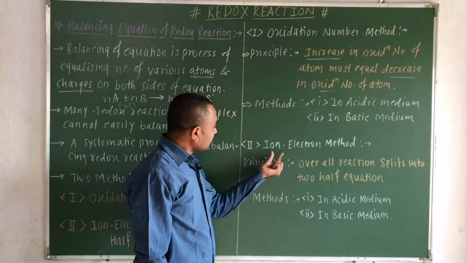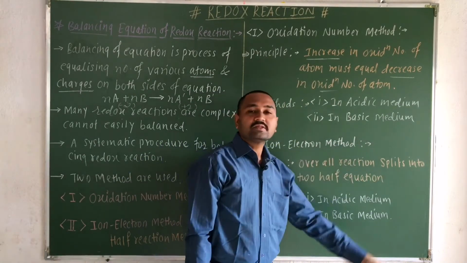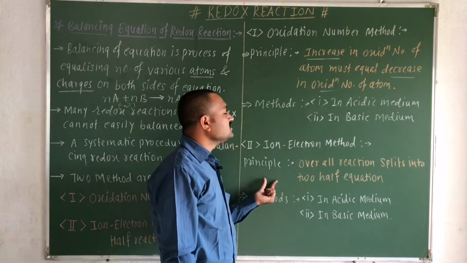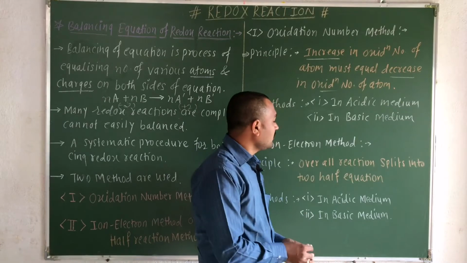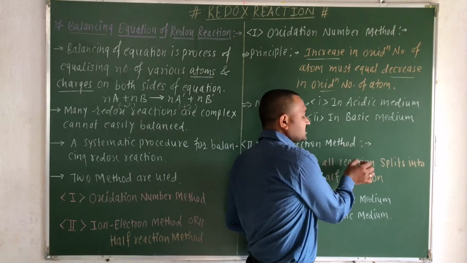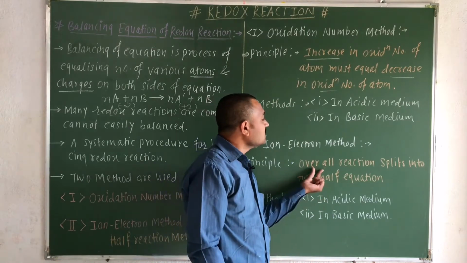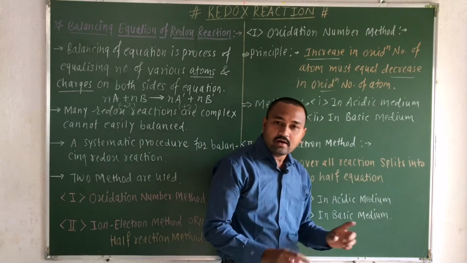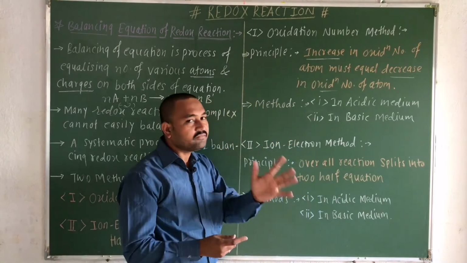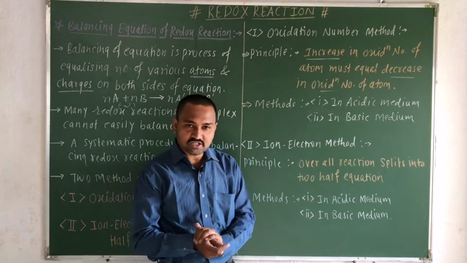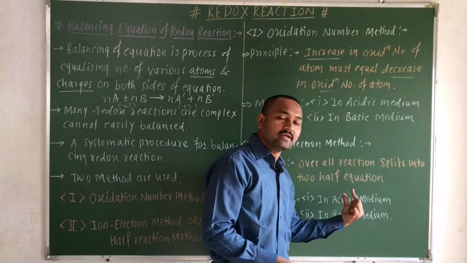Now in the second method, the ion electron method, also called the half reaction method, the principle is very simple. The redox reaction which is given to us is split into two half equations. One half equation is the oxidation reaction and the other half equation is the reduction reaction, and they are separately balanced.